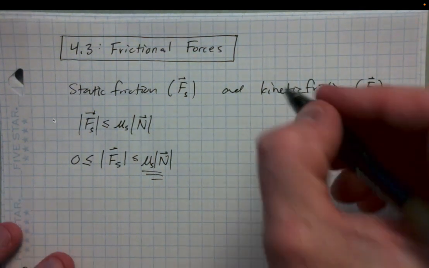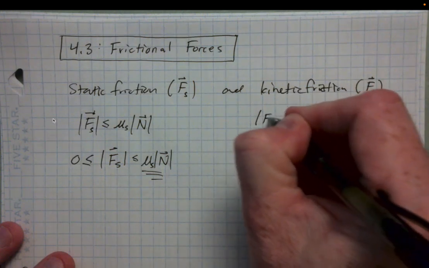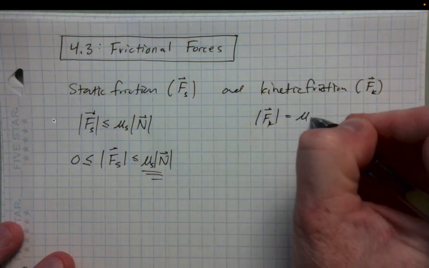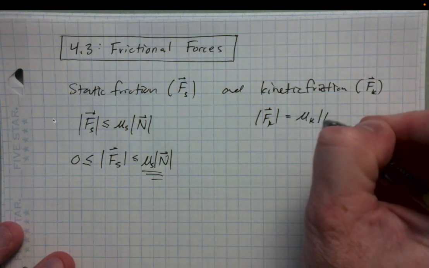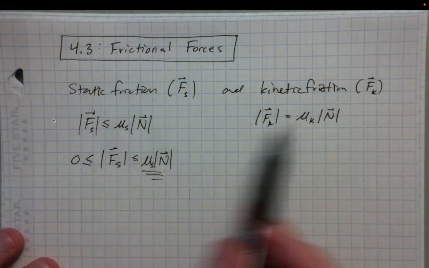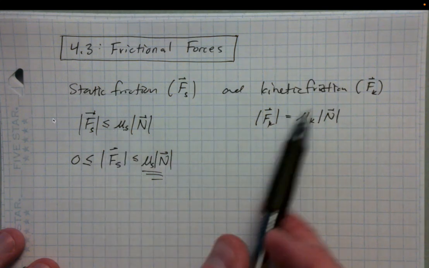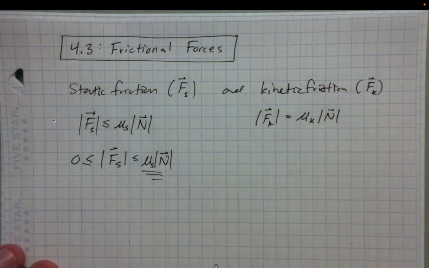The magnitude of the kinetic friction is equal to mu sub k times the magnitude of the normal force. So very similar, just different coefficients on the front here. This is the static coefficient, this is the kinetic coefficient. When we talk about kinetic friction, we're talking about movement.